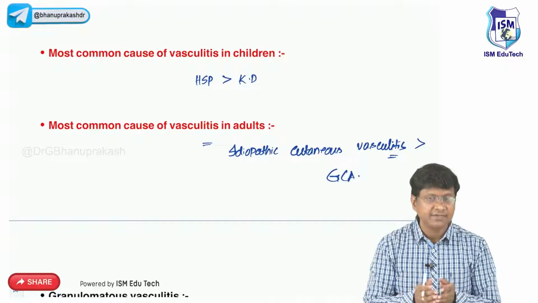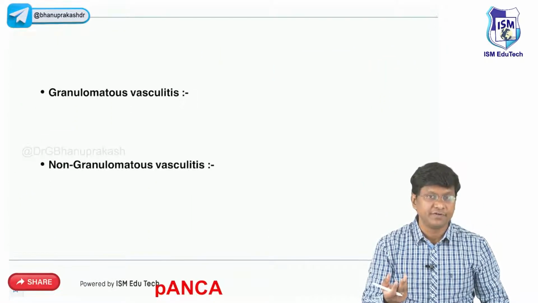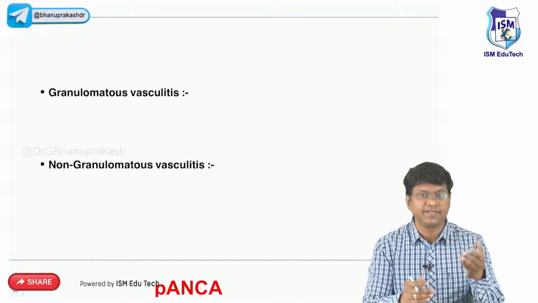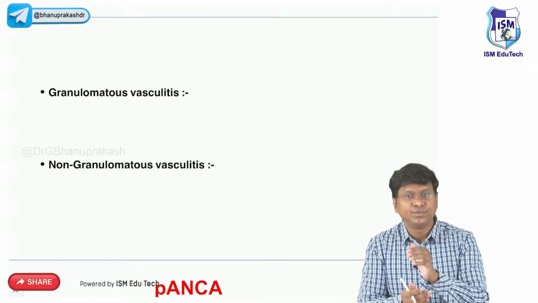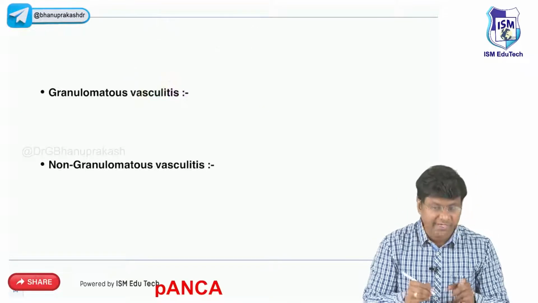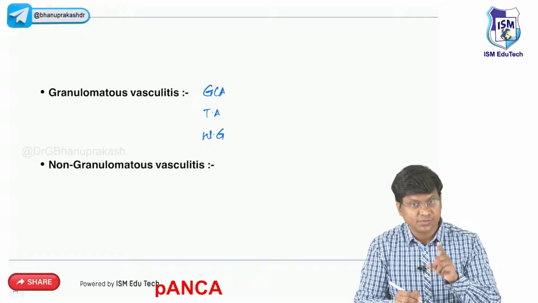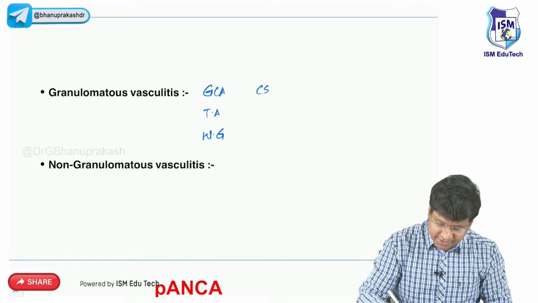Okay, now the other way by which the vasculitis can be classified is based on the type of inflammation. In certain vasculitis you have granulomatous inflammation, and in some you have non-granulomatous inflammation. The vasculitis with granulomatous inflammation are giant cell arteritis, Takayasu arteritis, then Wegener's granulomatosis, which is a small vessel vasculitis, then Churg-Strauss syndrome.